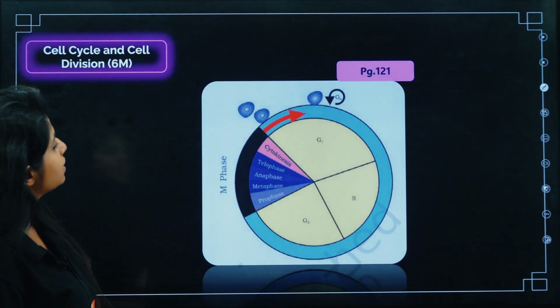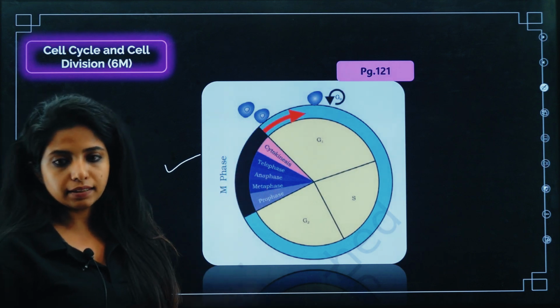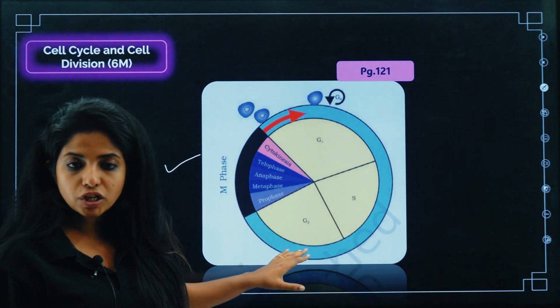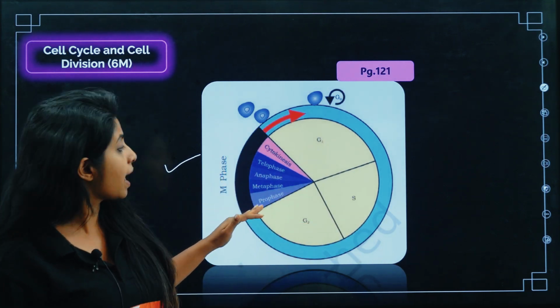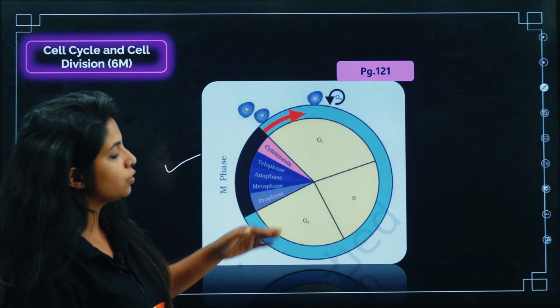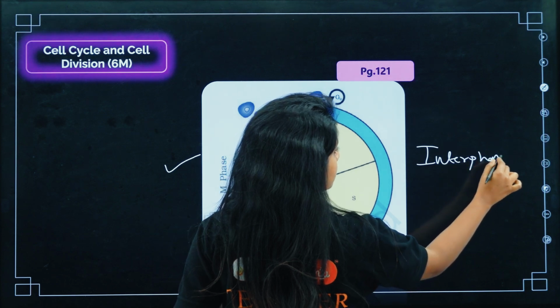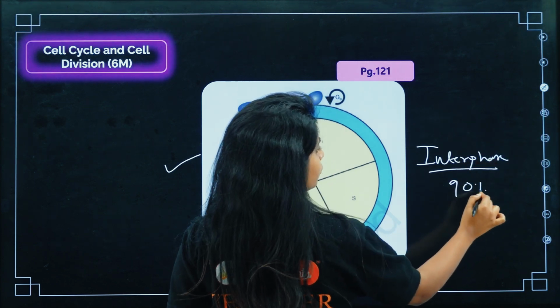Now cell cycle and cell division, you have page number 121, the whole cell cycle. There is the G1 phase, S phase and G2 phase. Then there is the M phase where the actual division takes place. This whole phase, my dear children, together you call it interphase, and this is where the cell spends 90% of its time.